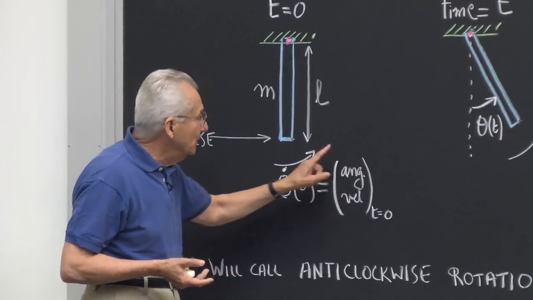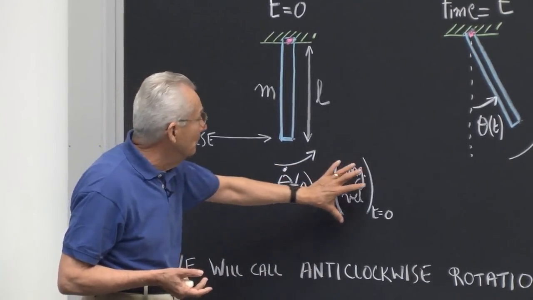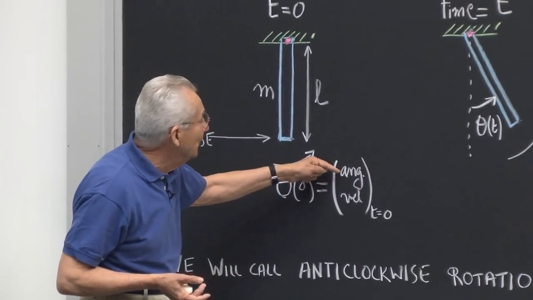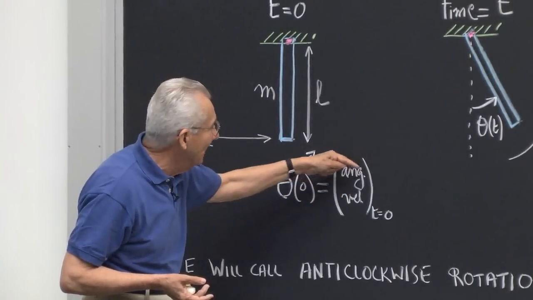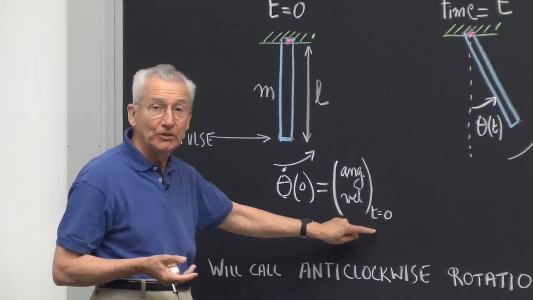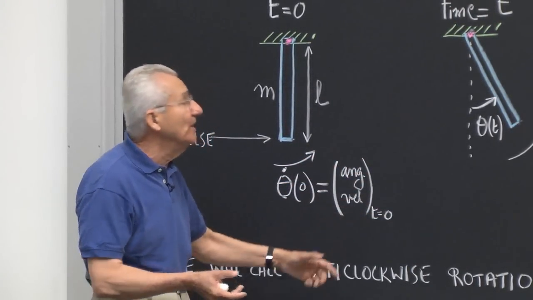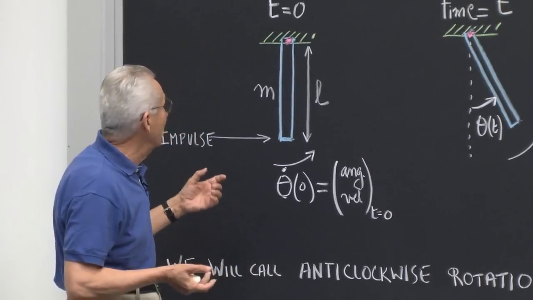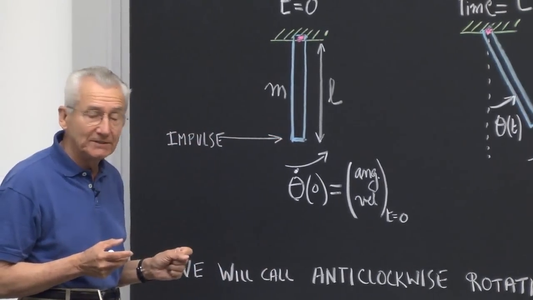And so that it's easy for you to remember what that number is, I'm calling it the angular velocity at t equals 0. But remember, this is simply the initial angular velocity that this rod has.